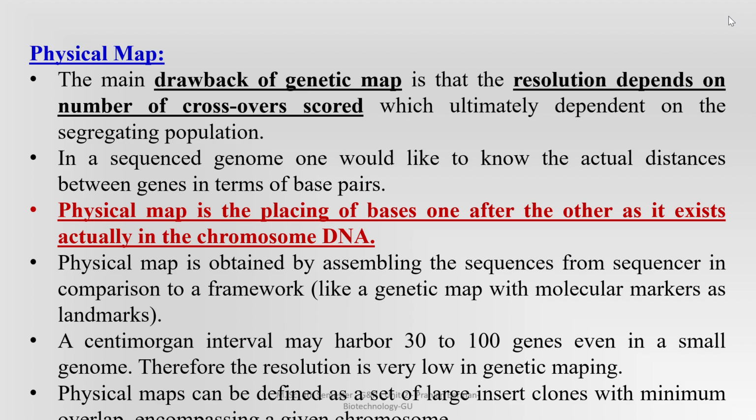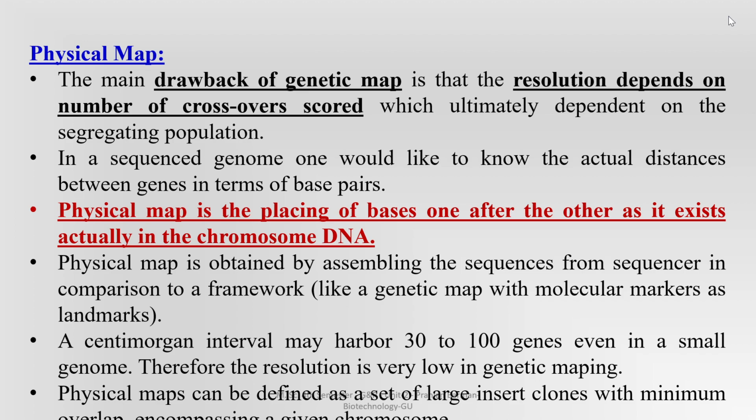Therefore, resolution is very low in the case of a genetic map. To overcome this difficulty, we go for the physical map. And the physical map is obtained by genome sequencing. One method is shotgun sequencing, then assembly.